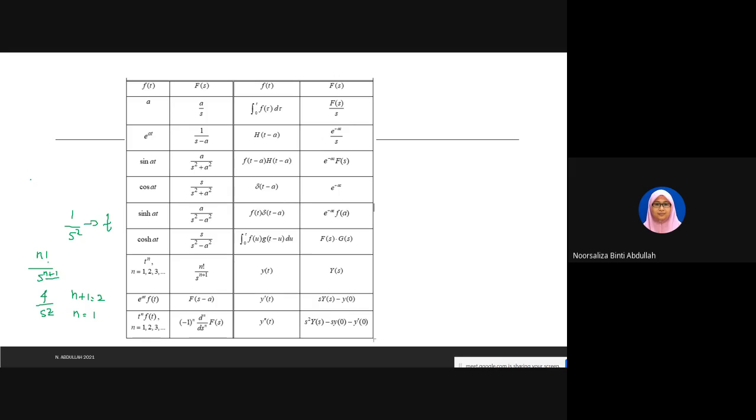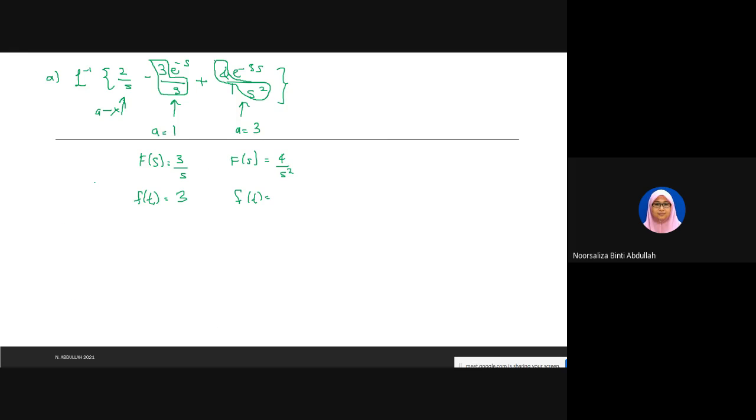So 4 over s squared, when you transform from the s domain to the t domain, will be 4t. So this one is 4t.